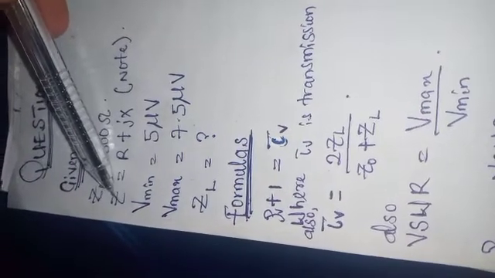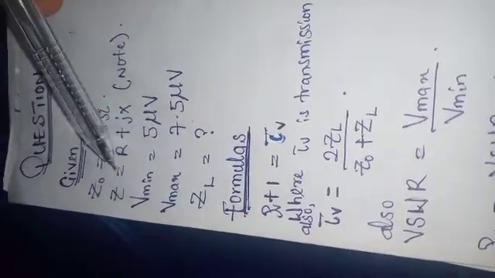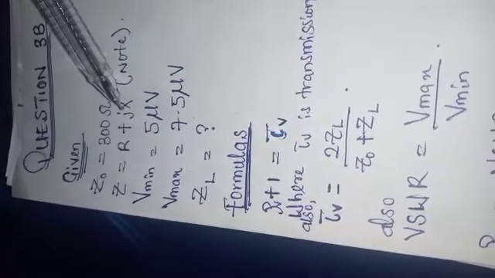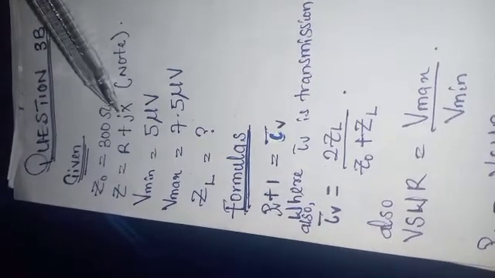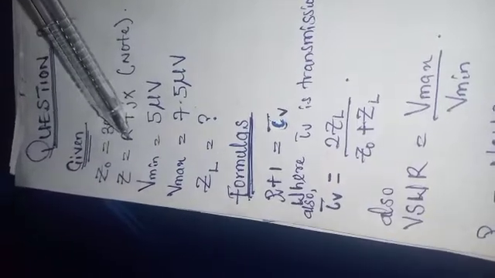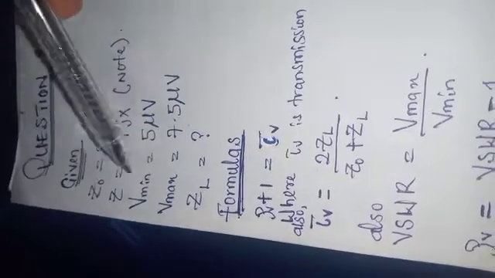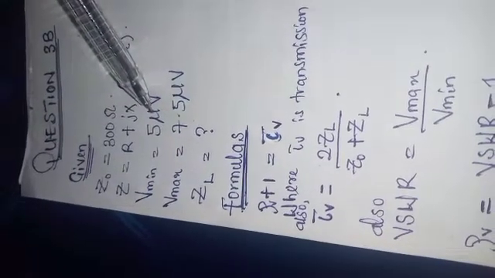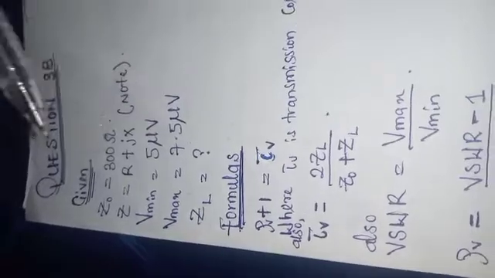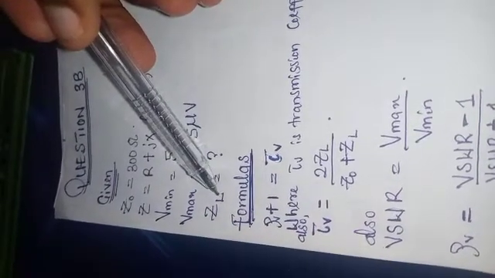And when we talk about impedance, we bring in two factors, the resistance and the reactance. The reactance is an imaginary component, whereas the resistance is the real component. Then this is your minimum voltage, which is 5 microvolts, and the maximum voltage is 7.5 microvolts. And the load impedance, or the load resistance, is what we're looking for.